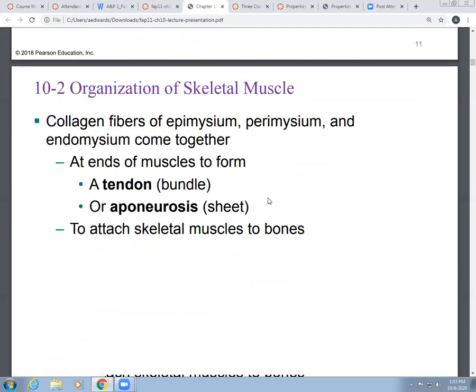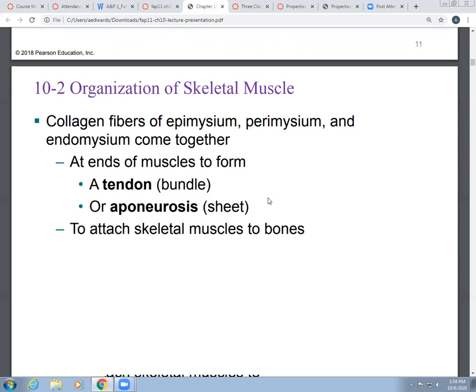So the collagen fibers inside the epimysium, the endomysium, paramysium will come together, and they come together at the ends of different muscles. What do they make there? Could make a tendon, which is a bundle of those fibers. Or they could form an aponeurosis, which is a sheet. And in either case, the purpose is to attach skeletal muscle to some bone.